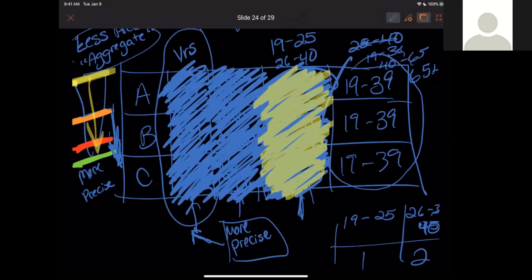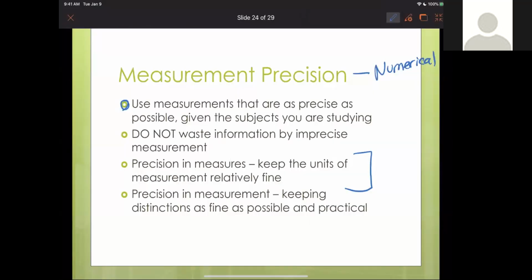If you're 19 to 39 years old, that's a valid and reliable measure of how old you are, but it is less precise, and therefore we can no longer go the other direction. If I knew that you were 19 years old exactly, I can always aggregate up into groups of 19 to 39-year-olds by just adding everyone into that category, but I cannot go the other way back down. And that's why precision becomes so important.